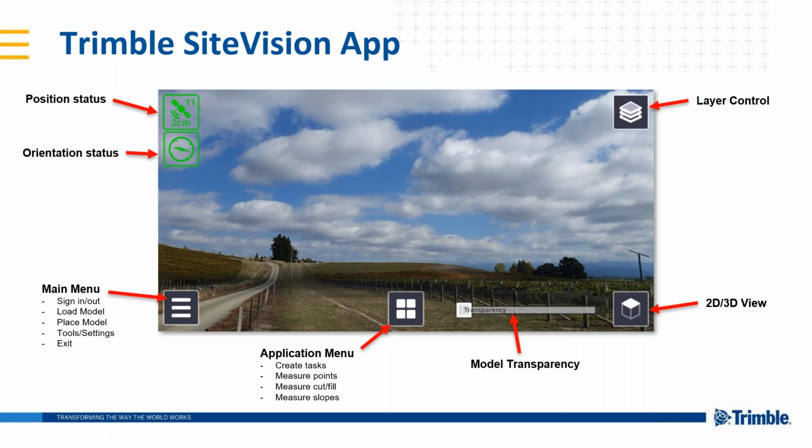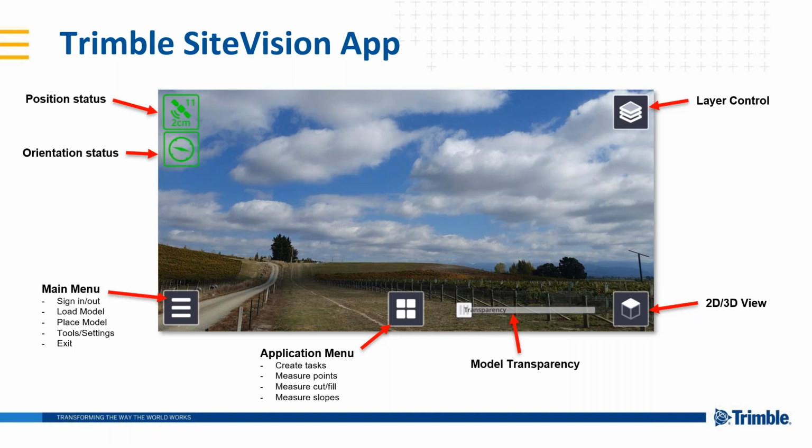Continuing clockwise, the next one is model transparency, and I'll come back to that in a second. We've got two left. The next one is the application menu, and that menu button opens up a number of routines that allow you to interact with the model, and I'll come back to that in a second as well.